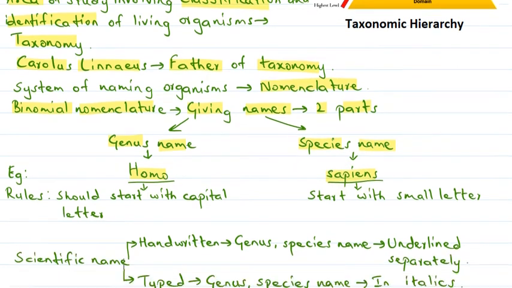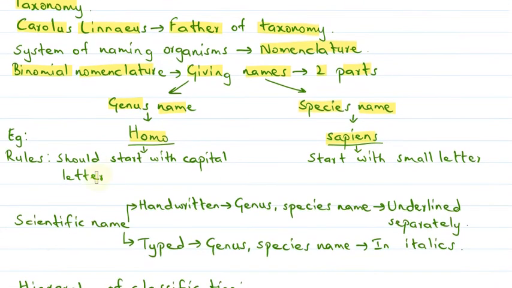Then I told you certain universal rules which are followed while naming organisms. The genus name should always start with a capital letter and the species name should always start with a small letter.